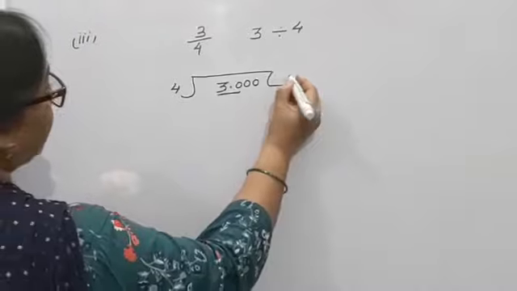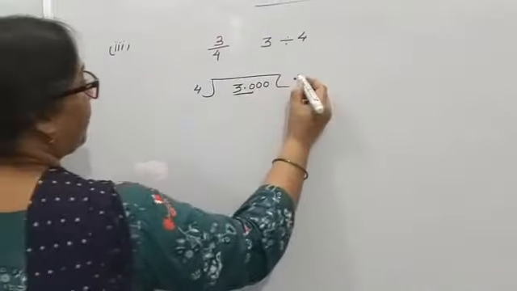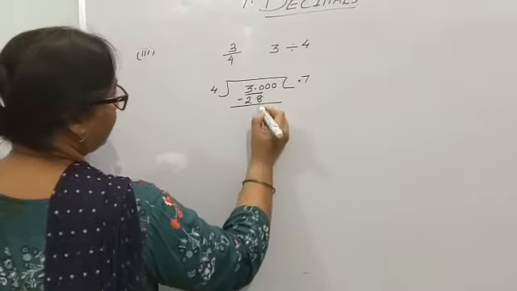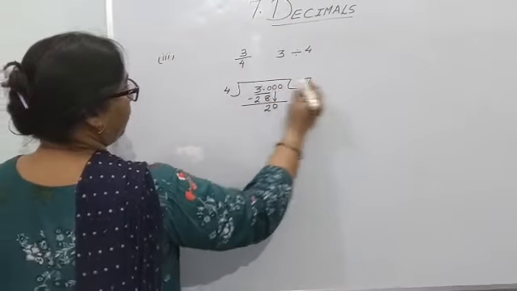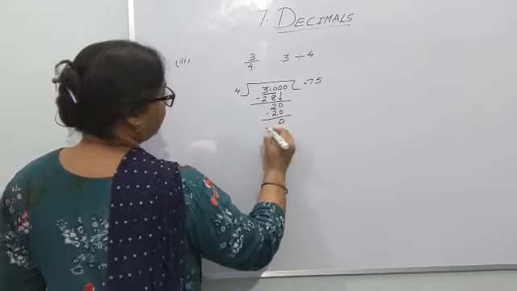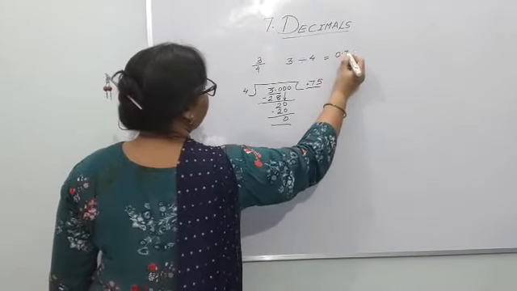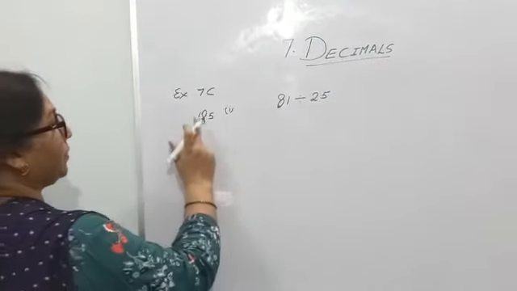At the same time we'll shift the decimal point to the quotient. So let's proceed. 4 7 28 minus 28, 2. Bring the next 0 down. 4 5 20. Hence the quotient of this answer is 0.75.